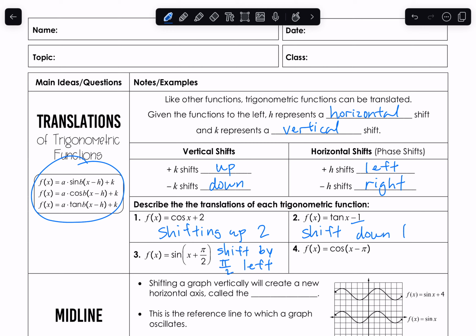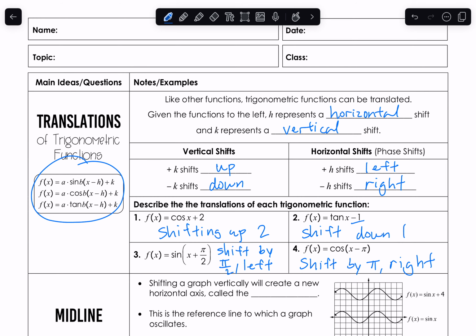And then for number 4, it says cosine of x minus pi. That minus pi is my h. That represents a horizontal shift, but since it's negative, it's going to tell me to go to the right. So it's going to shift by pi to the right.